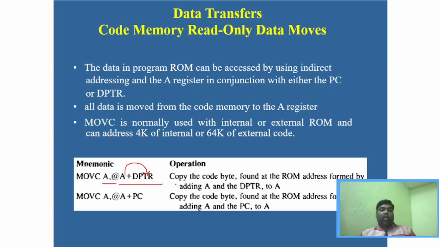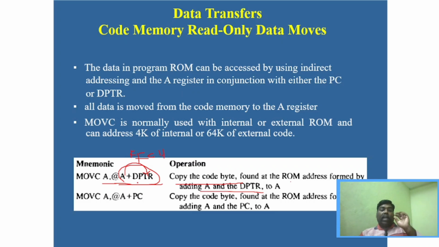You can see that it copies the code byte found at the ROM address formed by adding A and DPTR. Whatever value is found at the address calculated by adding A and DPTR. For example, by adding A and DPTR, you get some address location like FF0H, right?